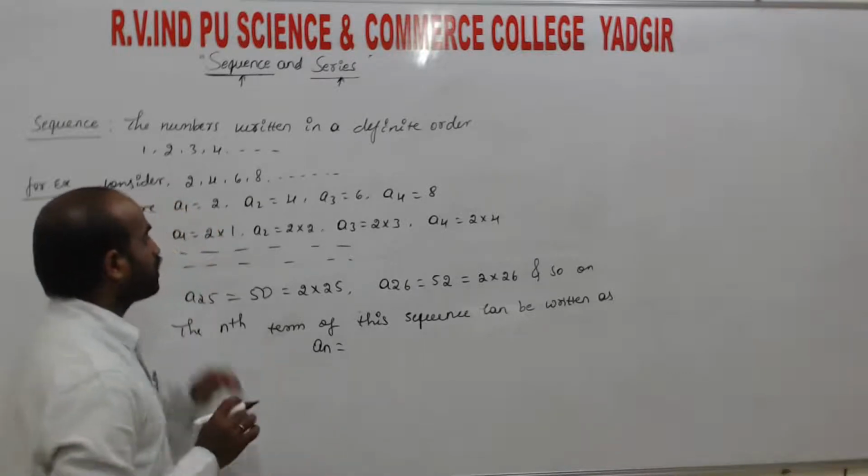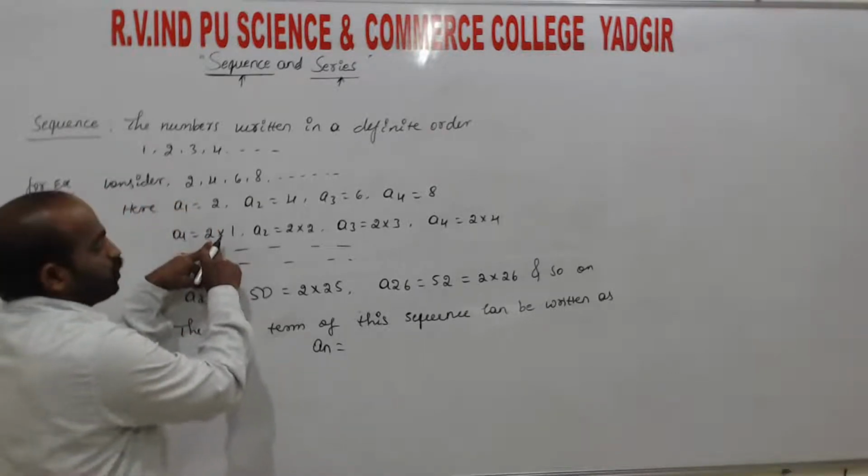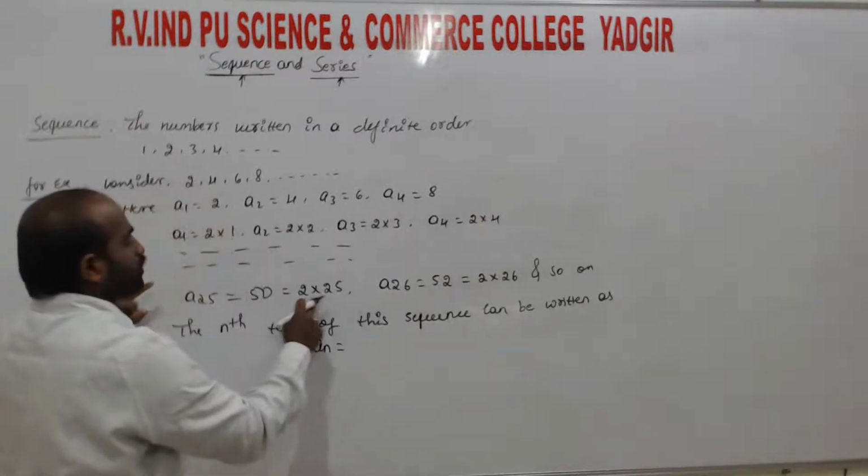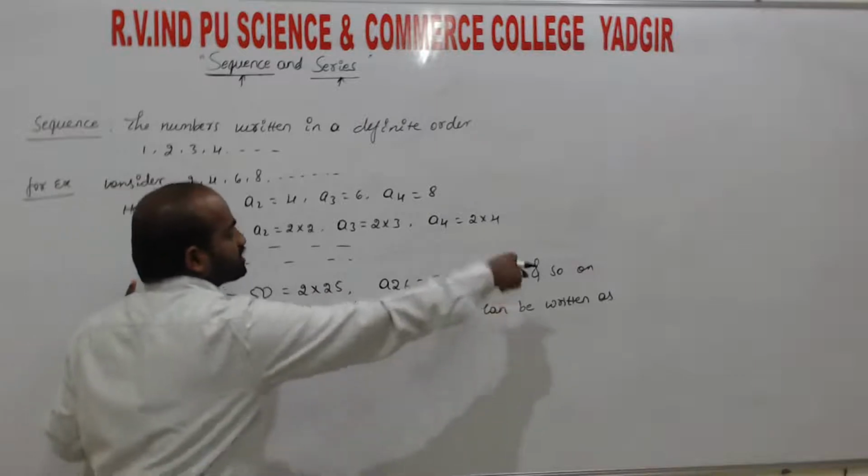An is equal to 2 into 1, 2 into 2, 2 into 3, 2 into 4, 2 into 25, 2 into 26, and so on.